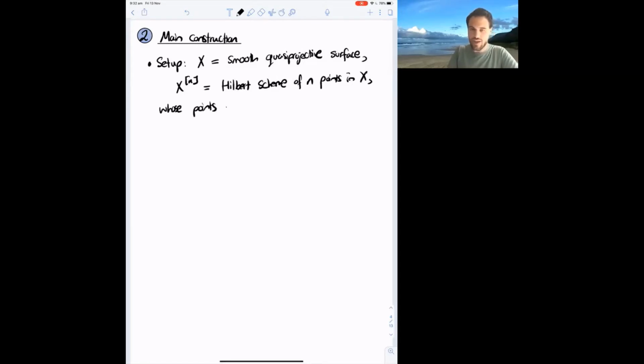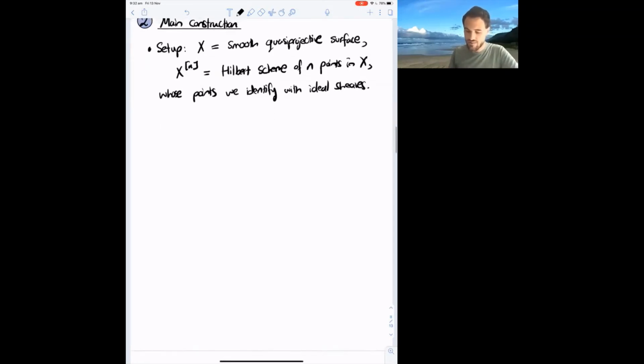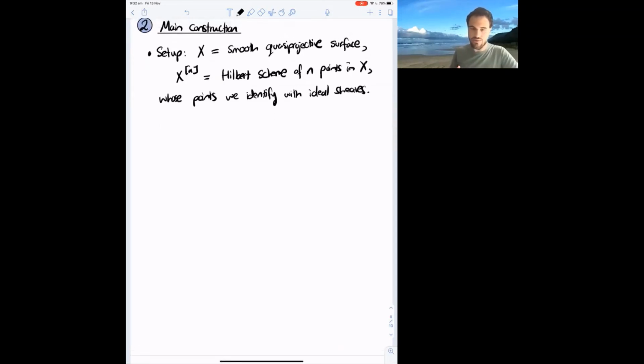It will be convenient at various points to think about them in either way. And then the one other thing related to the Hilbert scheme that I wanted to remind everyone of at the start here is that we have a Hilbert-Chow morphism.